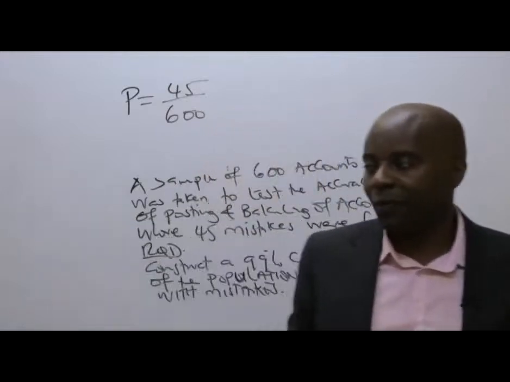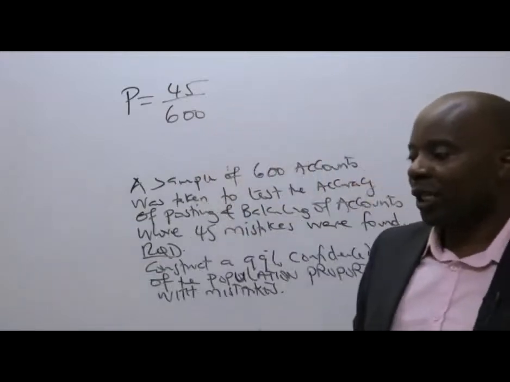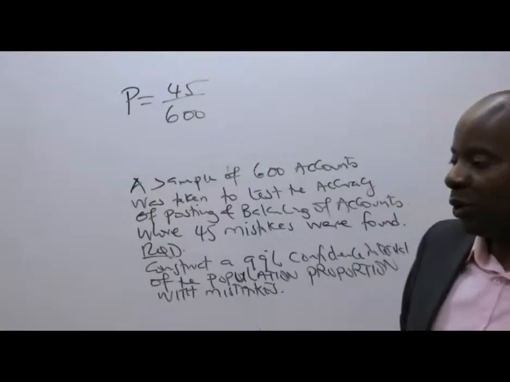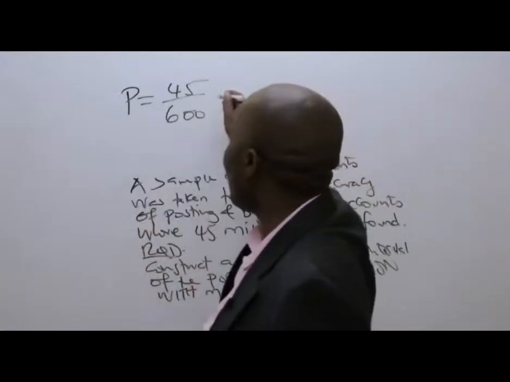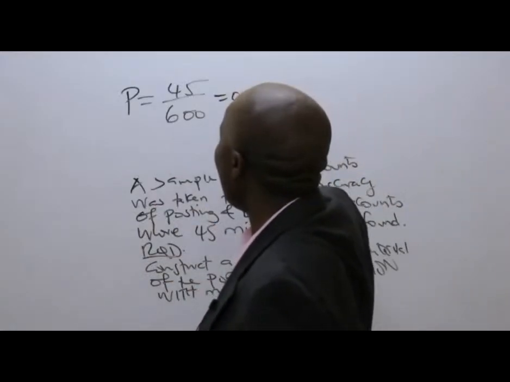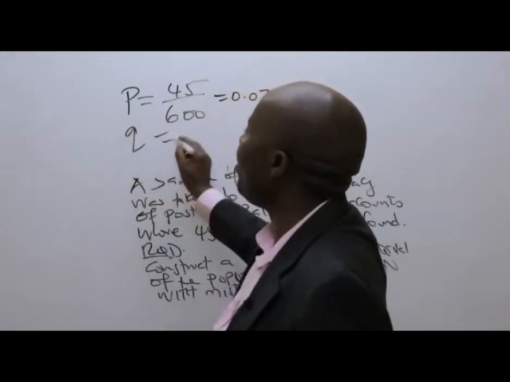What is 45 over 600? I can see HP giving me 0.075. So then what do you think will be our Q?